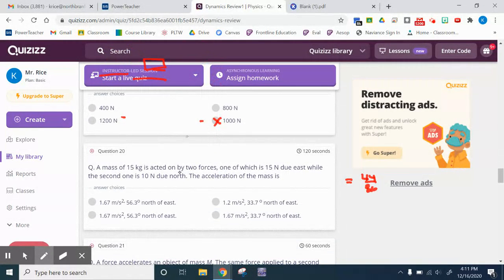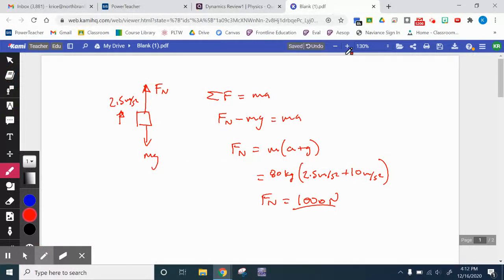A man with a mass of 15 kilograms is acted on by two forces, one of which is 15 newtons due east, while a second is 10 newtons due north. The acceleration of the mass is, we got to do a little math.